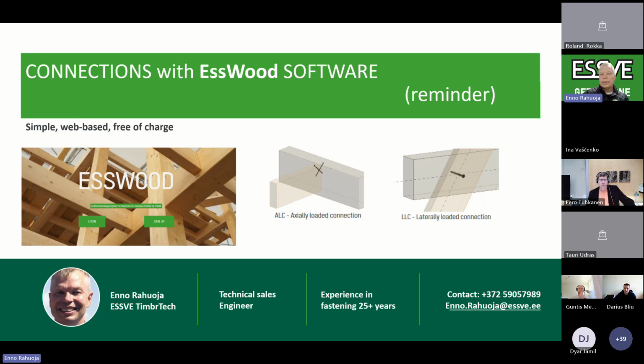I will release the poll and would like your feedback on how many have recognized that there is also axial load in our software in the area of lateral connection.